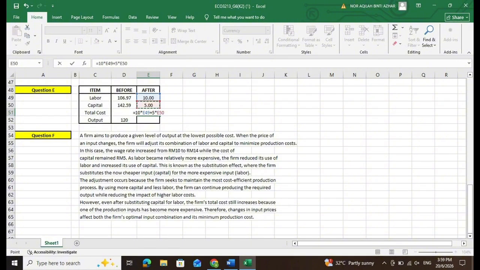This formula was used to calculate the firm's total production cost. I also enter the production function Q equal to L to the power of 3/5 multiplied by K to the power of 2/5, which represent the relationship between labor, capital, and output.